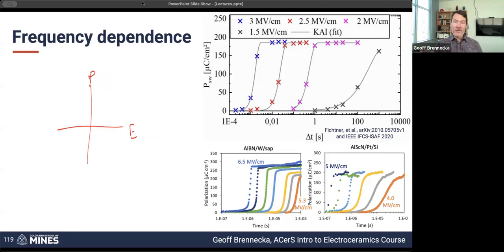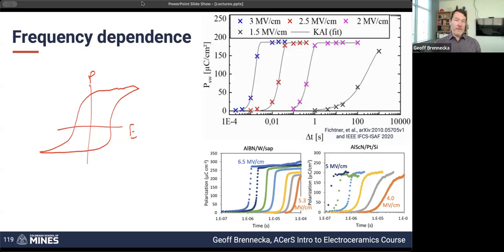So if everything is absolutely perfect, there are no loss mechanisms, and the frequency dependence is dominated entirely by how quickly those domain walls can nucleate and grow, then I start off with a baseline hysteresis loop that looks something like that, and again, I'll apologize for my poor artistry.